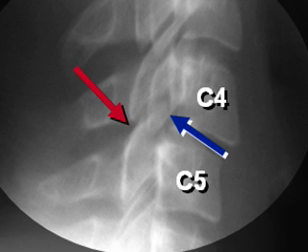The blue arrow is pointing to one of the two inferior articular facets of C4, and you can see that it lies anterior to the superior articular facet of C5. That's an abnormal relationship. That is a locked facet. The white arrow is pointing to the other inferior articular facet of C4, which holds an almost normal relationship with the superior articular facet of C5.